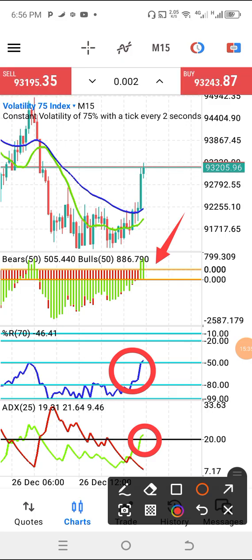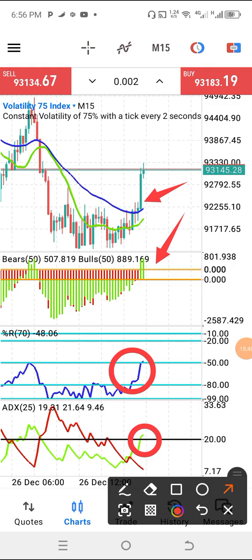Not just that, when you check the main chart, you can see that price closed with a good momentum candle above the moving average. So this is a point where you open for buy, you scalp for buy. Then your stop loss should be at probably the swing low here.